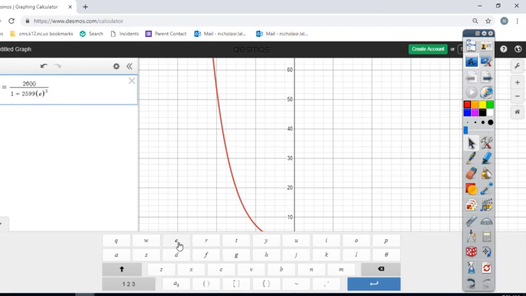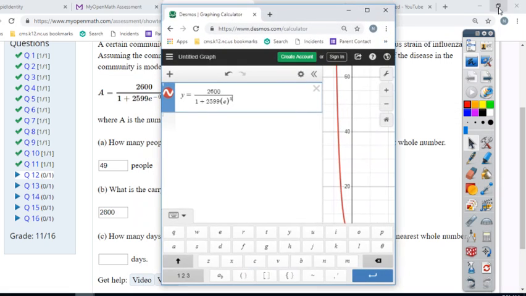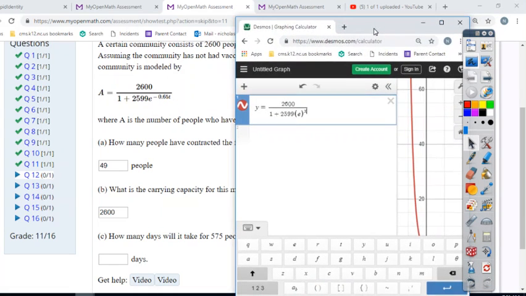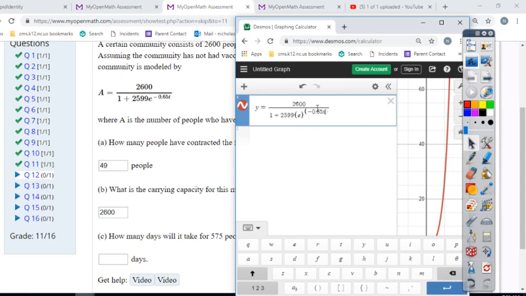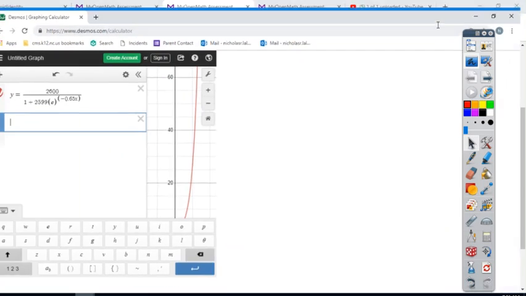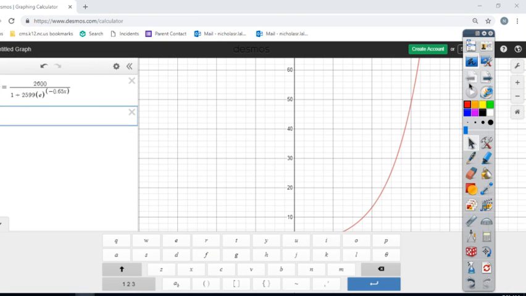I just found e in this section of Desmos, raised to the negative 0.65t. E to the negative 0.65x. So that's my logistic function. This is the logistic function right here.